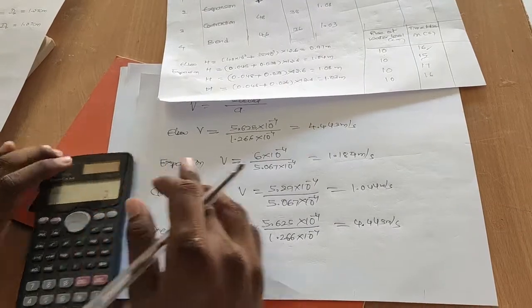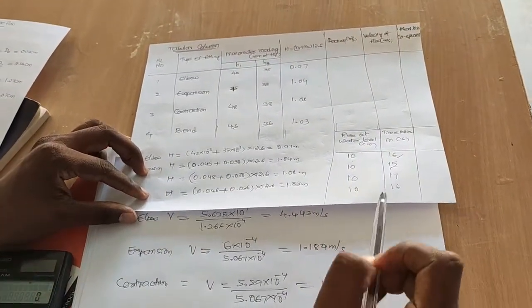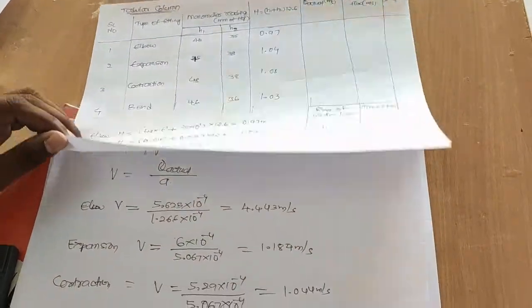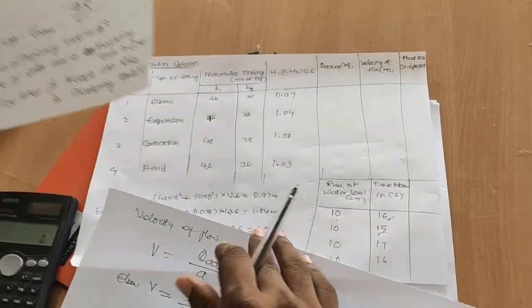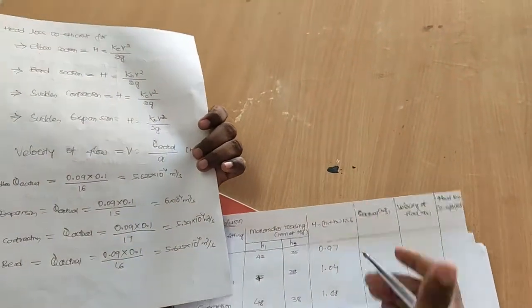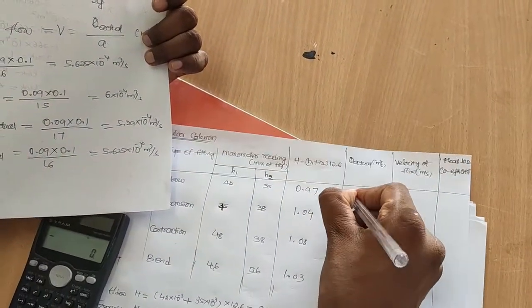Now once after calculating the velocity, we can calculate the head loss coefficient. You can write the calculated values here.